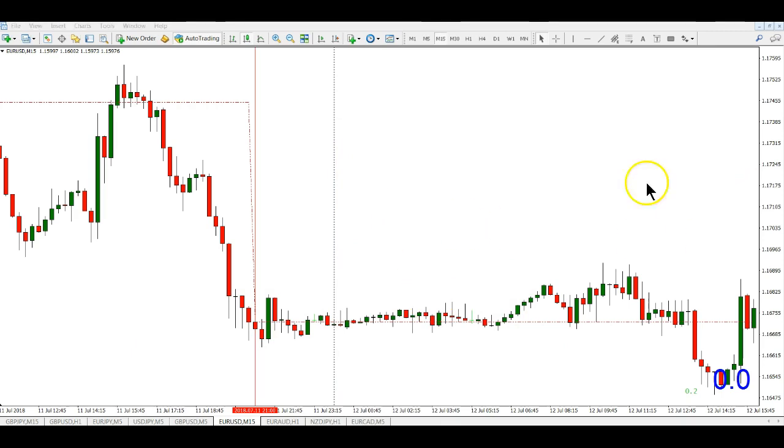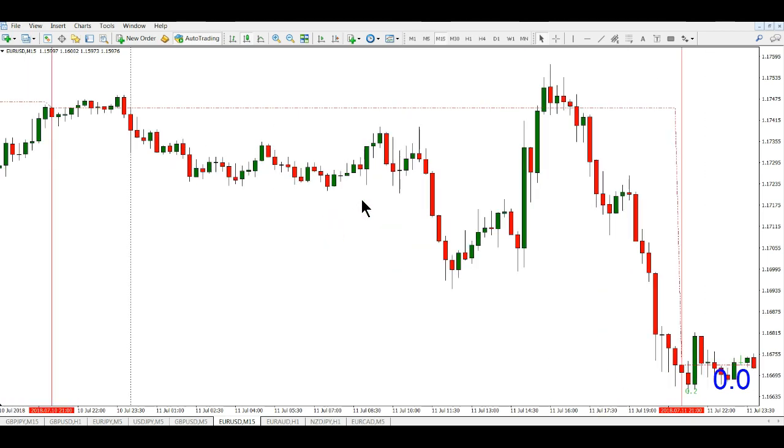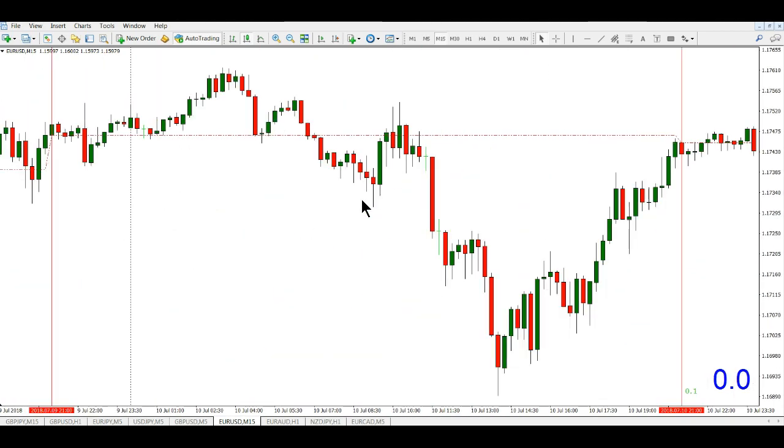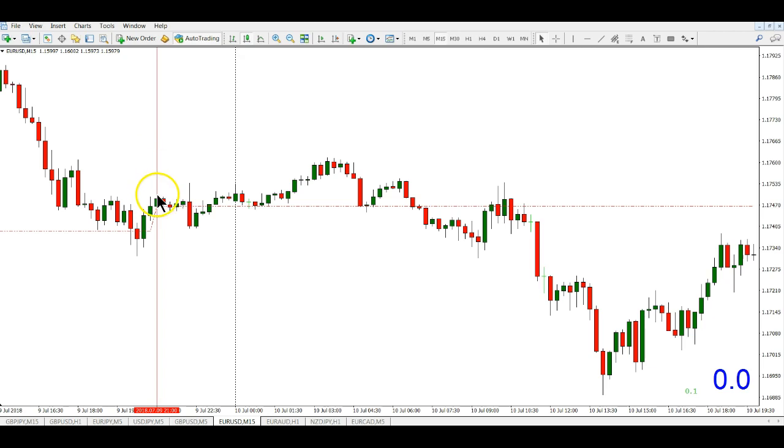Okay, here we go. See how well 2 p.m. acts as support and resistance. Of course, markets are starting to get slow, getting toward the end of the day.